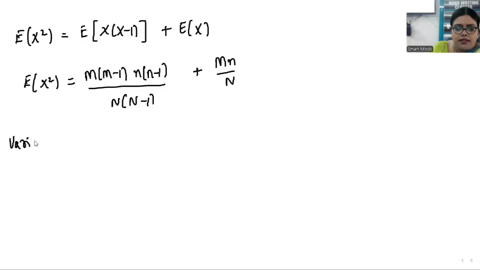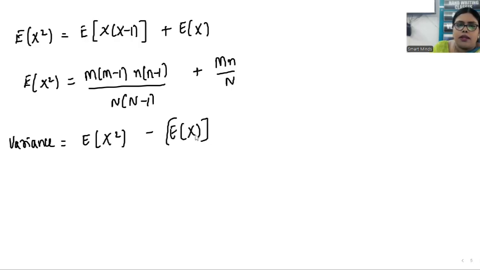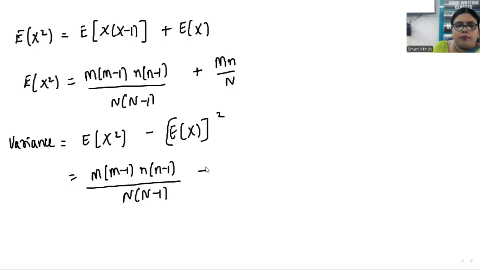Now, what is variance? Variance is E of x square minus E of x whole square. Now, in the place of E of x square, let us write this whole expression. So, m into m minus 1, n into n minus 1 by capital N into capital N minus 1, plus mn by N, minus, what is E of x?